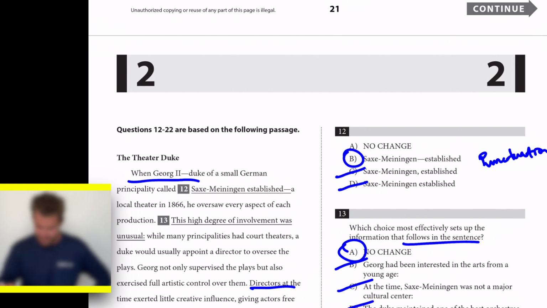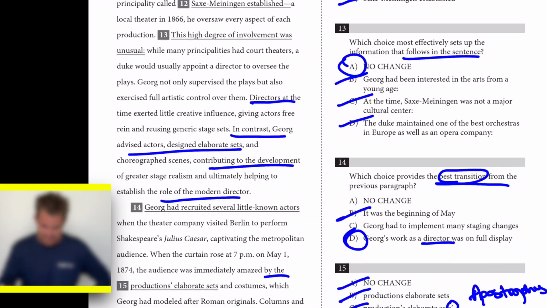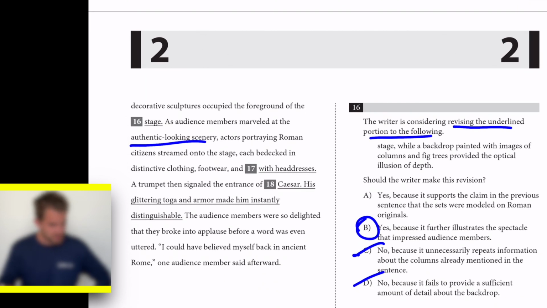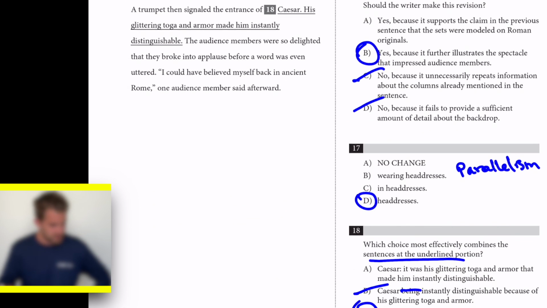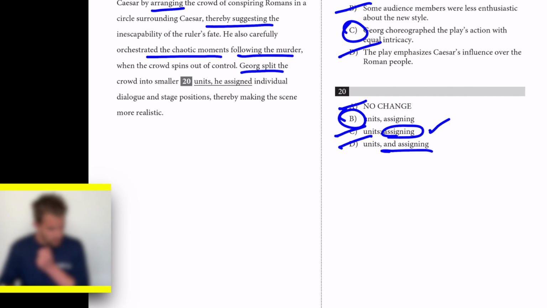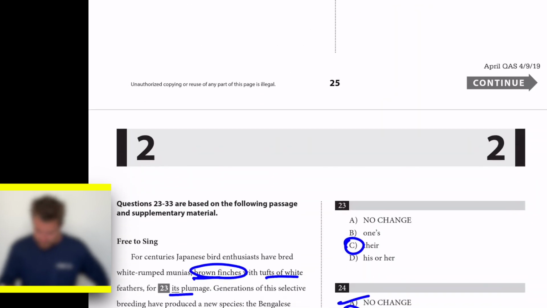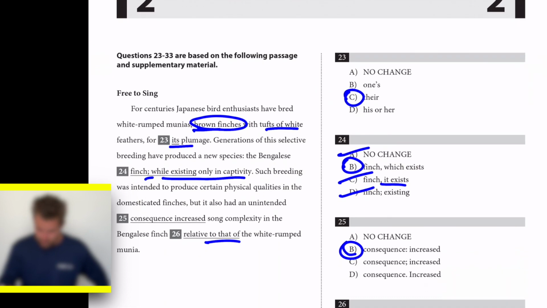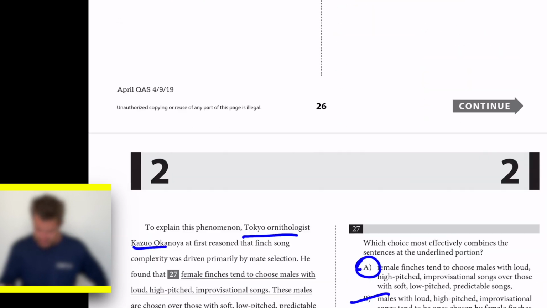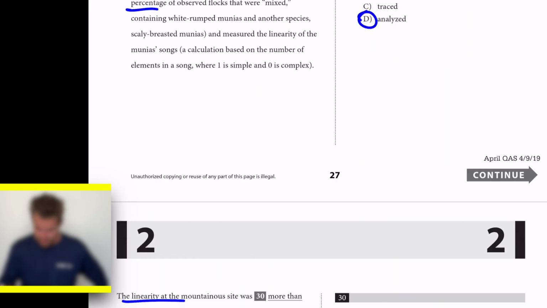So I better be careful as I read through these. 12 is B, 13 is A, 14 is D, 15 is D, 16 is B, 17 is D, 18 is C, great. 19 is C, 20 is B, 21 is D, 22 is D, 23 is C, 24 is B, 25 is B, 26 is A, 27 is A, 28 is C, 29 is D, great.